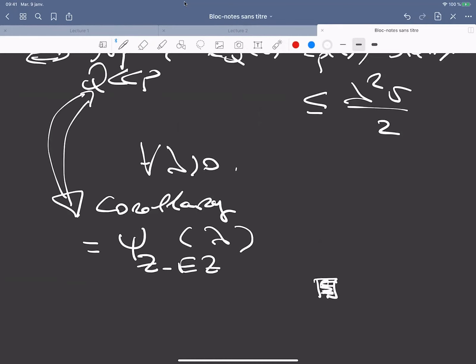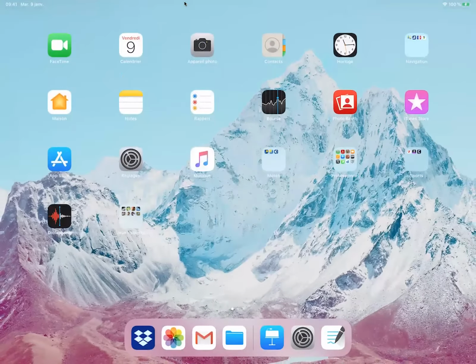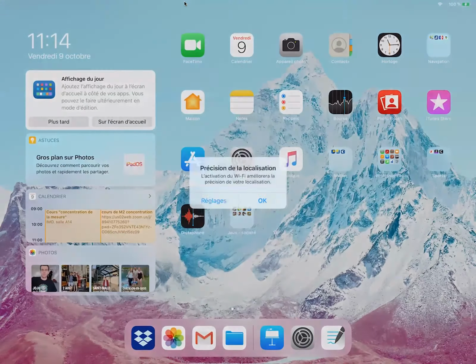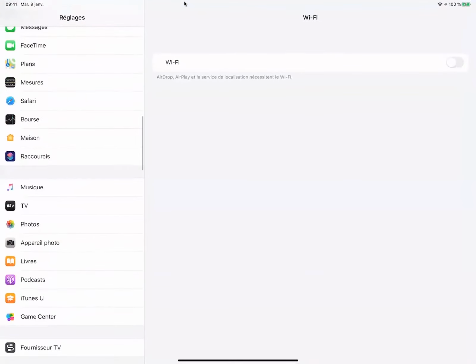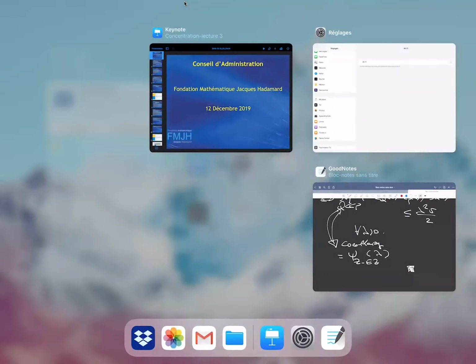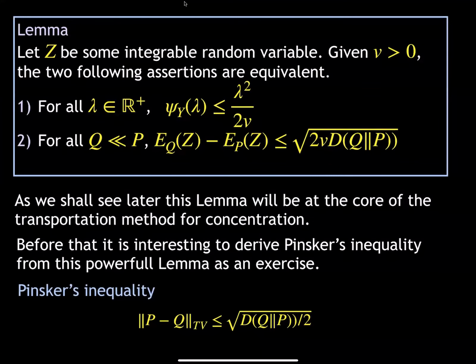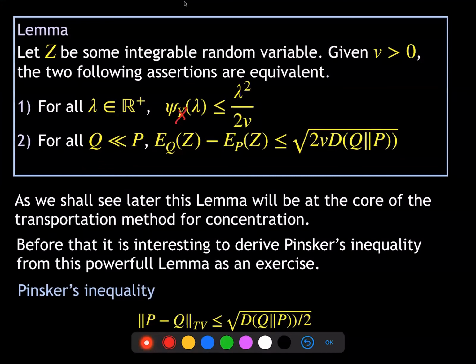Okay, and this gives you the characterization of sub-Gaussianity that I have mentioned, and I realize that here there is still a misprint. This is not Y, excuse me. This should be Z minus expectation of Z here instead of Y. There is a misprint.